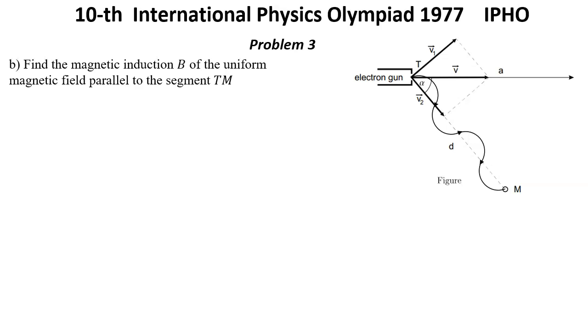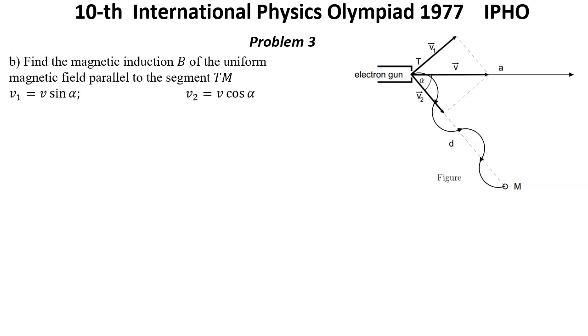It will be the velocity of the uniform rectilinear motion. Magnitudes of the components of the velocities can be expressed as v1 equals v sine alpha, v2 equals v cosine alpha. Denoting by n the number of screws of the helix, we can write for the time of motion of the electrons.